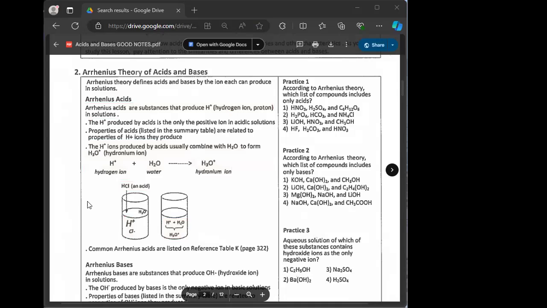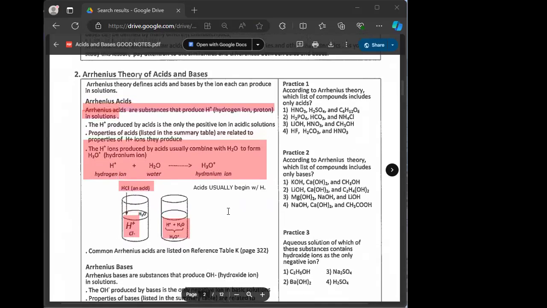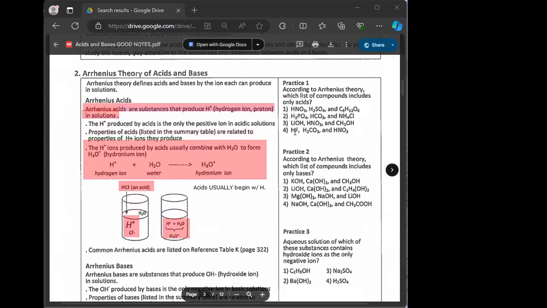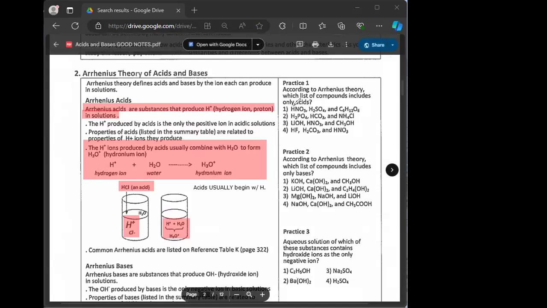Okay, now let me show you an example from practice 1. So this is an acid, this is an acid, that's not an acid. This is an acid, this is an acid, that is not an acid. How can I tell?